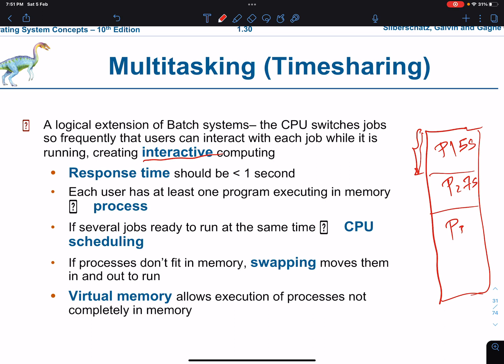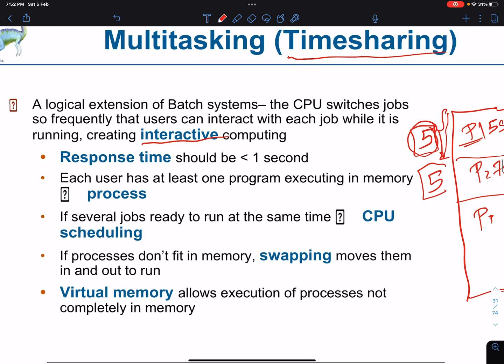So instead of that, we're going to be giving everyone a quantum or some time, okay? If P1 finishes in this quantum, perfect, it leaves. If not, it waits for its turn again and again and so on. So we distribute the time. We call it time share.